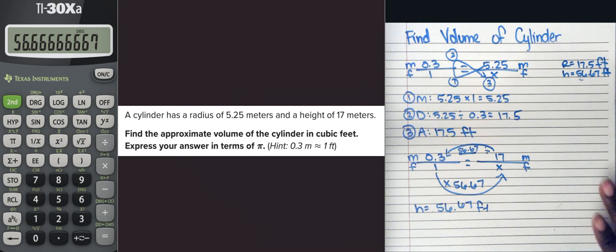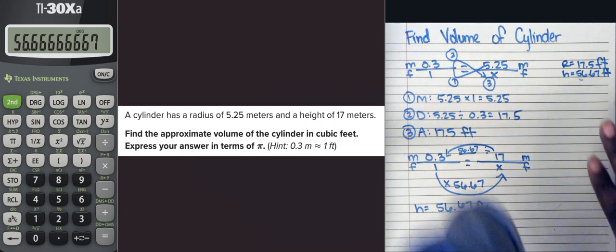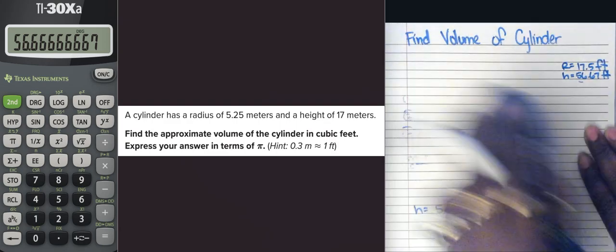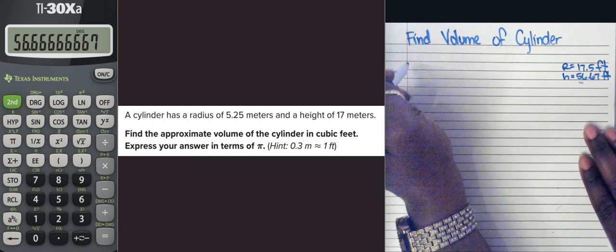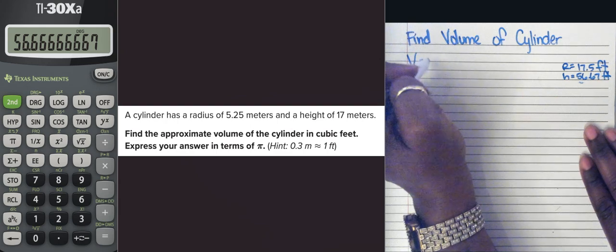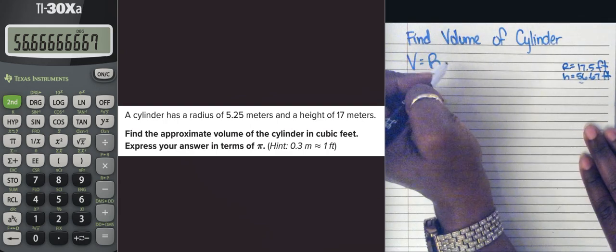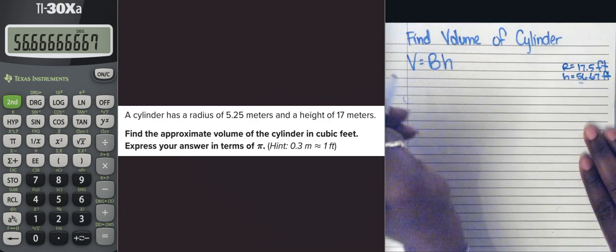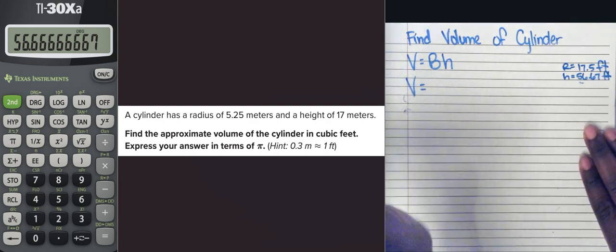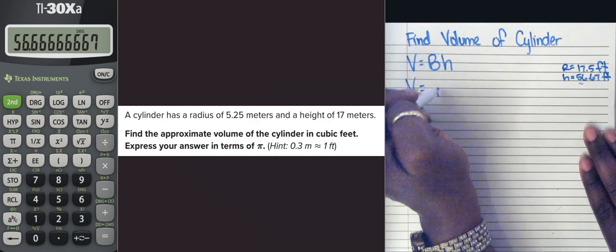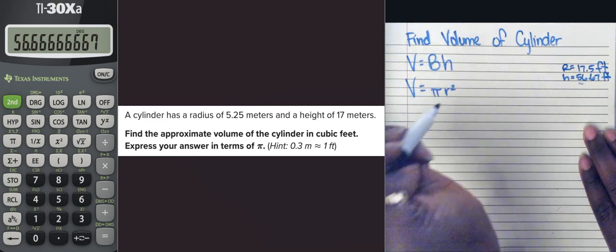We have all the information that we need. I'm going to take this off of here because we have our radius and we have our height. So now we're going to use what we know in terms of volume, which is going to be equal to base, which is your length times your width, times the height. And in this case, our base is just the area of the circle. So that is pi times your radius squared.